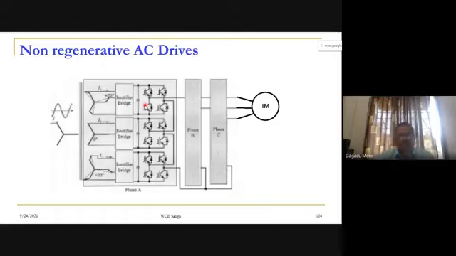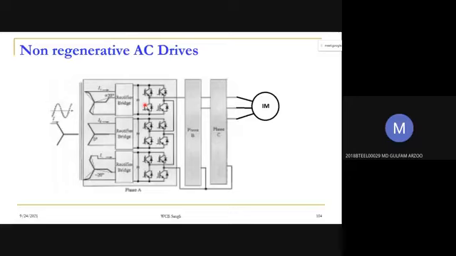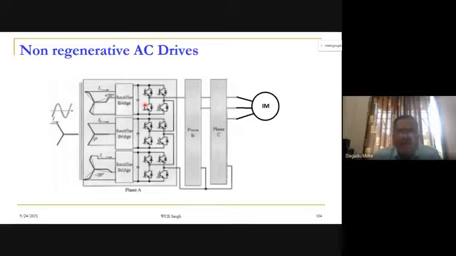So what is the level of this cascaded H bridge multi-level inverter? 7 level. Okay, a 7 level cascaded H bridge multi-level inverter. This is one leg, or you can call it one phase of the inverter.